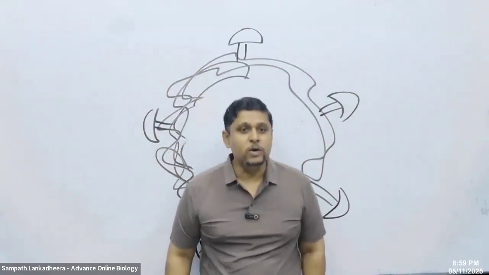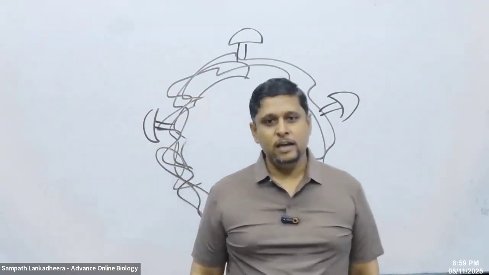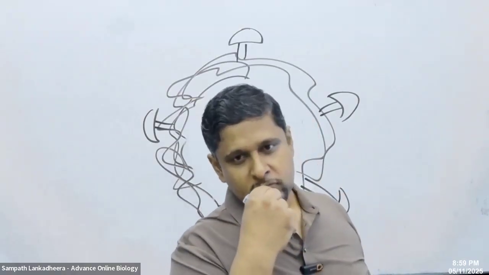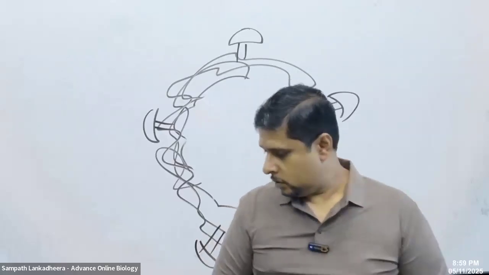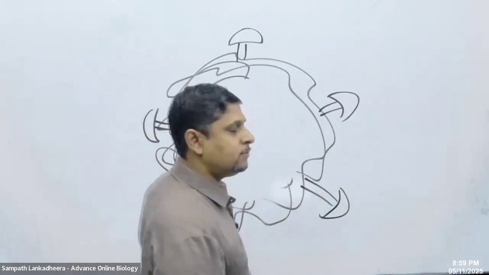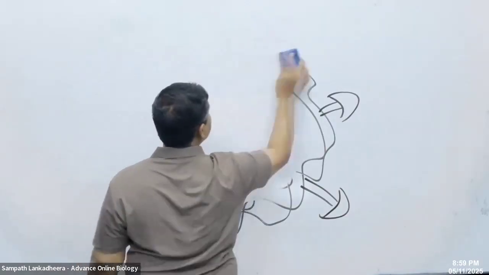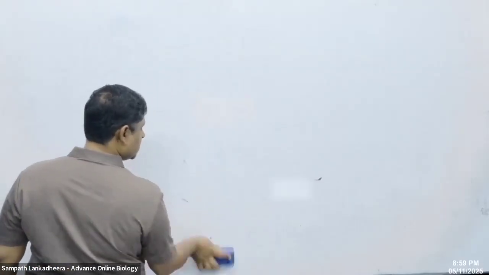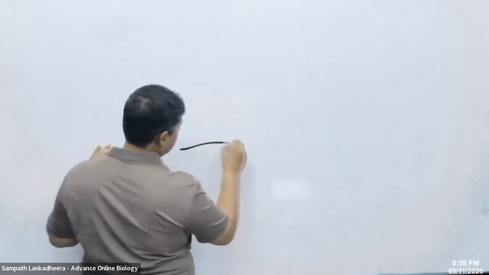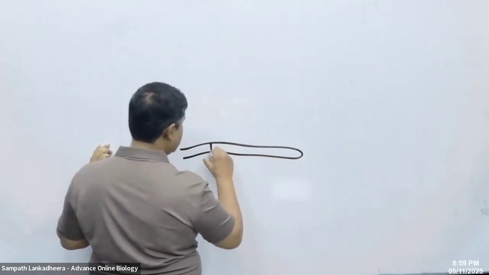Mucor. One of you said Mucor. Rhizopus. That's correct. If you look at the life cycle of Zygomycota, this is the mycelium.